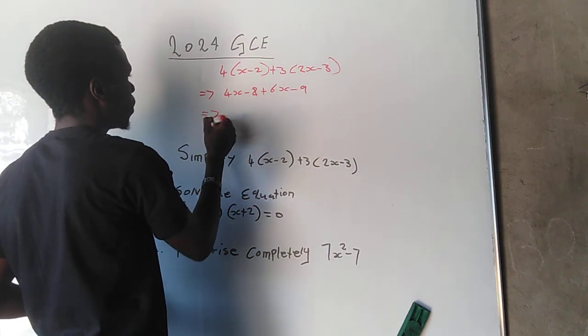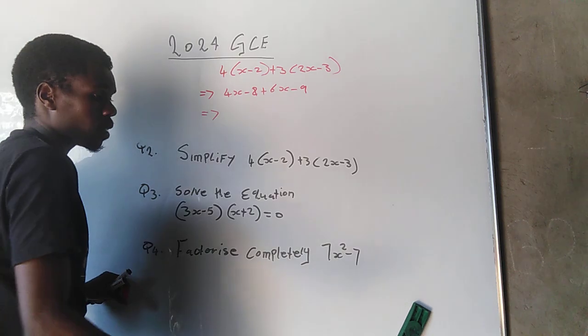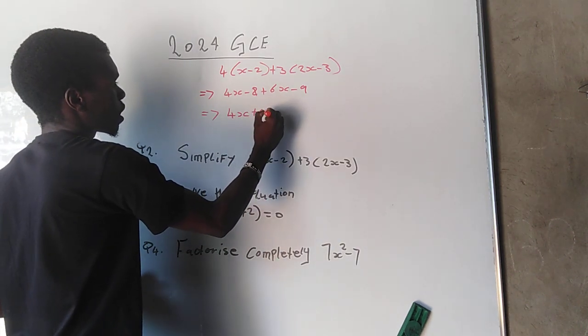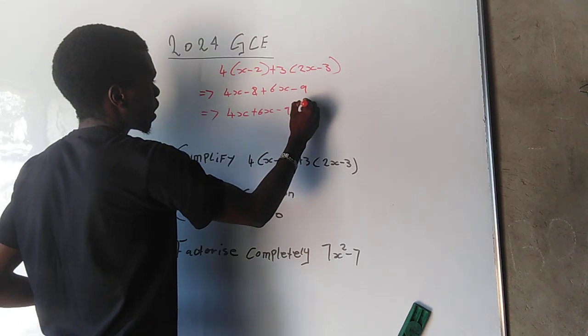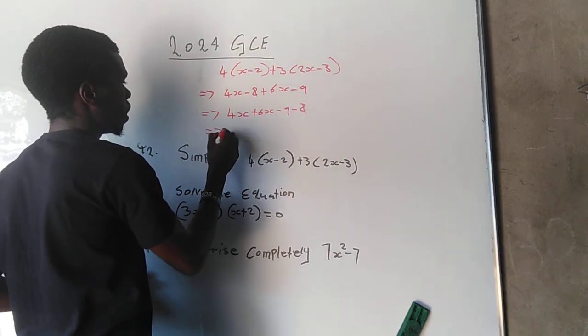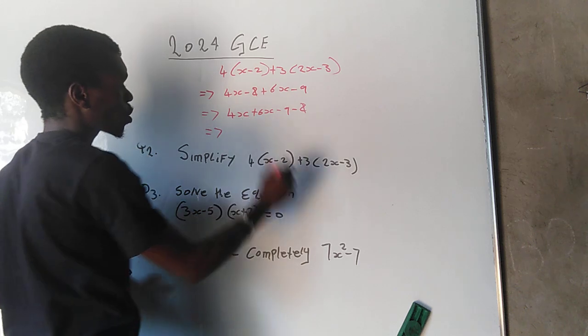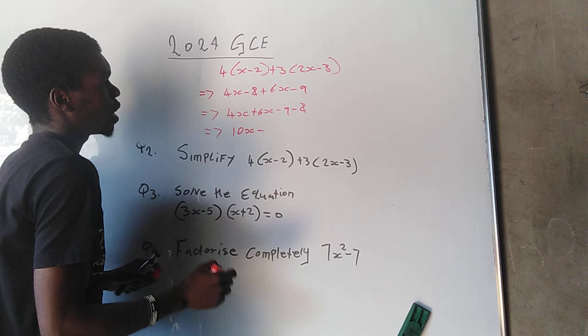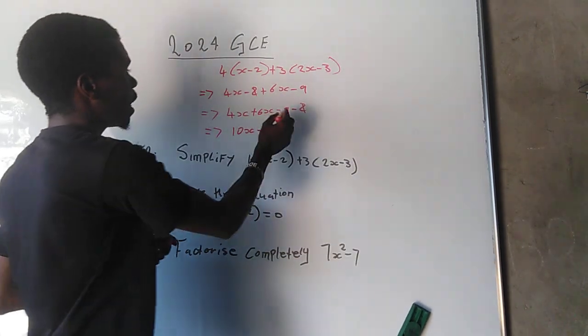From here, I'll try and put the like terms together. 4x plus 6x, minus 9 minus 8. Here I'm going to have 4x plus 6x, which is 10x. 10x minus, negative and negative.